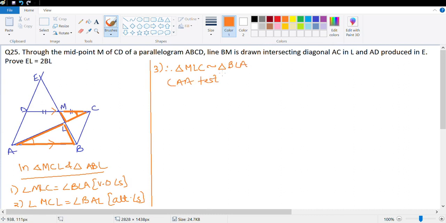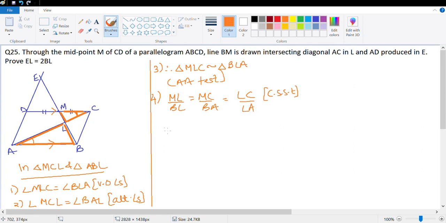What does this give us? This tells us point number 4, ML upon BL is equal to MC upon BA is equal to LC upon LA. This is CSSD.